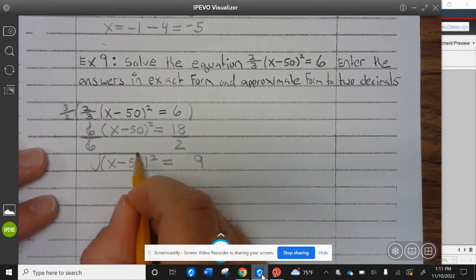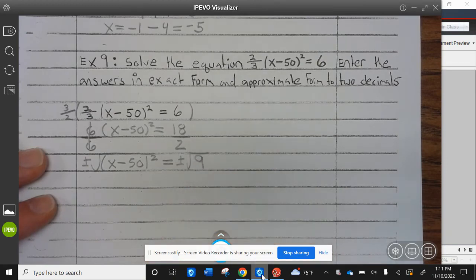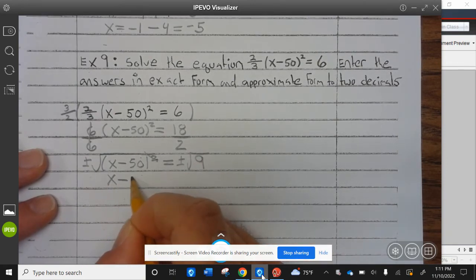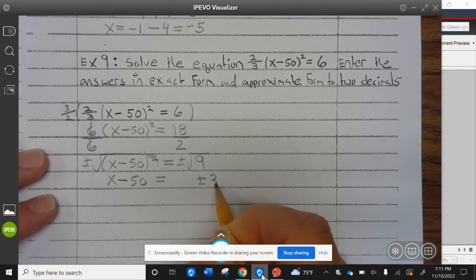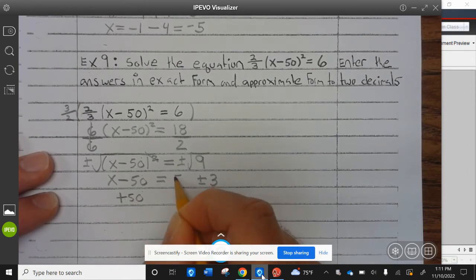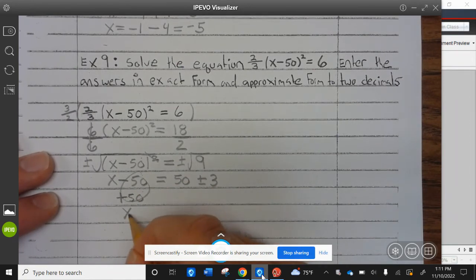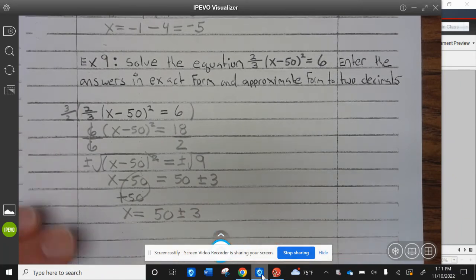Take the square root of both sides, plus or minus. That cancels. You get x minus 50 equals plus or minus 3. Add 50 to both sides. You get x equals 50 plus or minus 3.